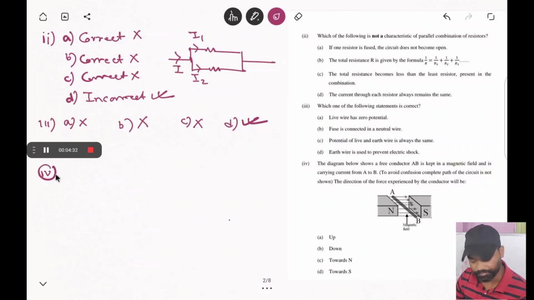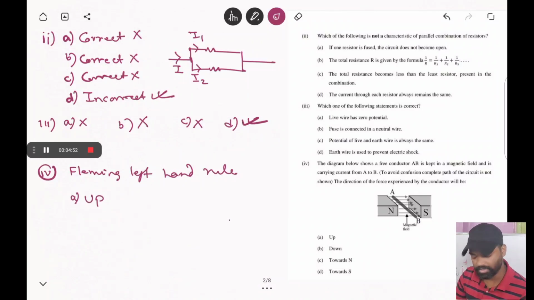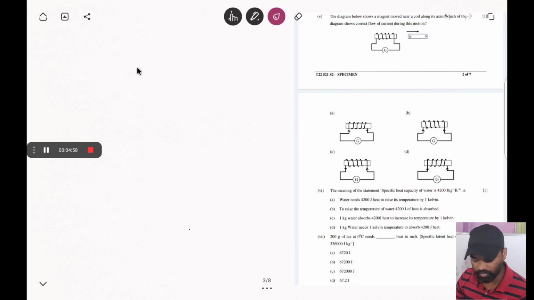Now look over here, I'll tell you. We have Fleming's left hand rule. Let me apply this. When you apply Fleming's left hand rule, it will be up. You can check it out on your own. So option A is my correct option, that is up. Done? Sure. We'll see the next one.